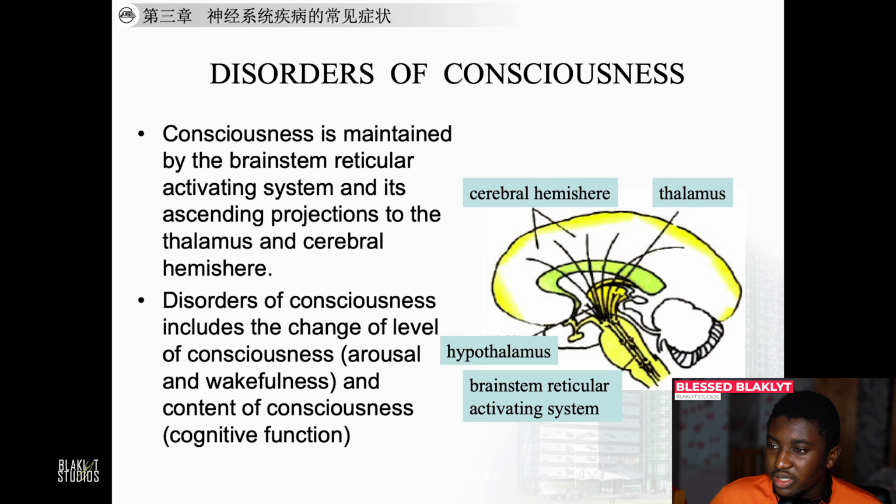Consciousness is maintained by the brainstem reticular activating system and its ascending projections to the thalamus and cerebral hemisphere. Disorders of consciousness include the change of level of consciousness, arousal and wakefulness, and the content of consciousness, that's cognitive function.